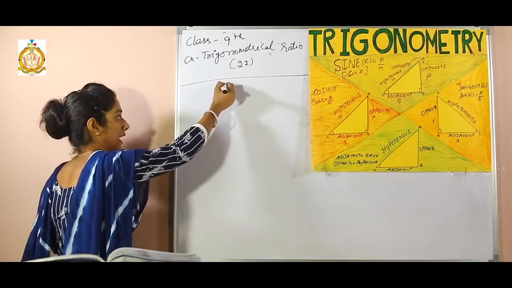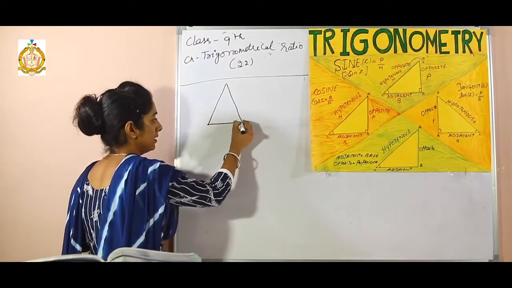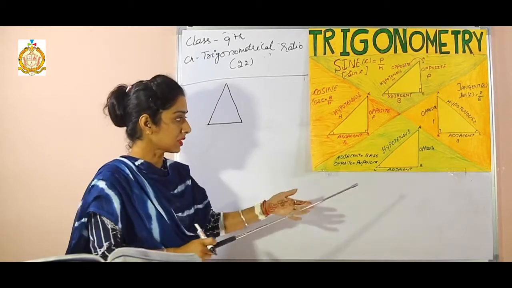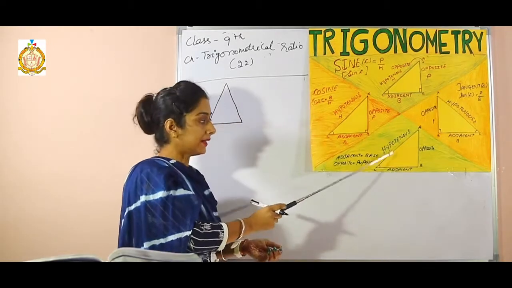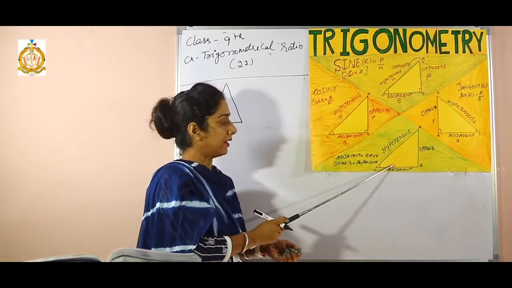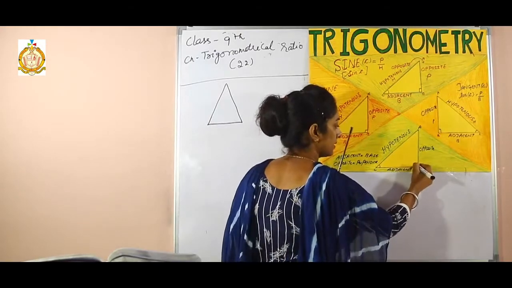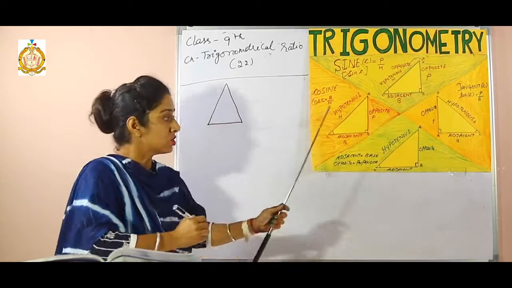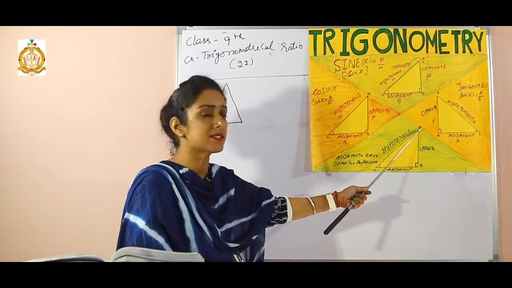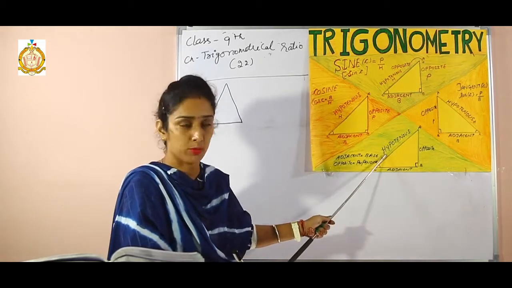We all know that this is a triangle. See in this diagram, in this triangle one angle is of 90 degrees and the other is an acute angle. So this one is a 90 degree angle, right? In this diagram we see that the longest side is called the hypotenuse.